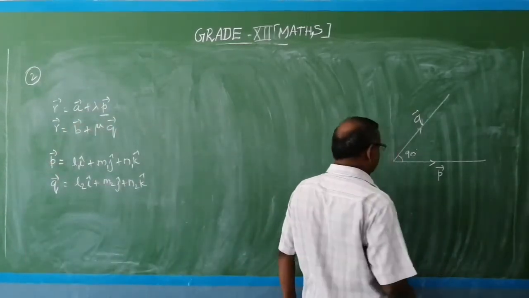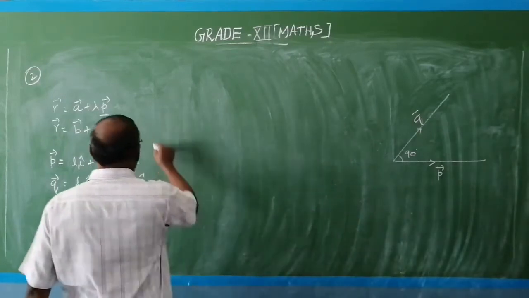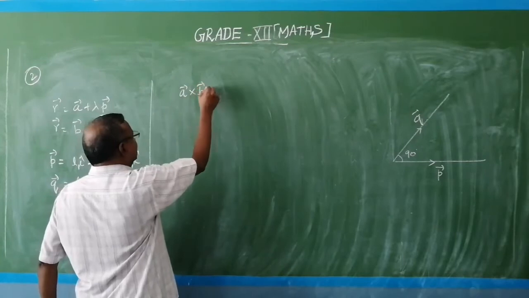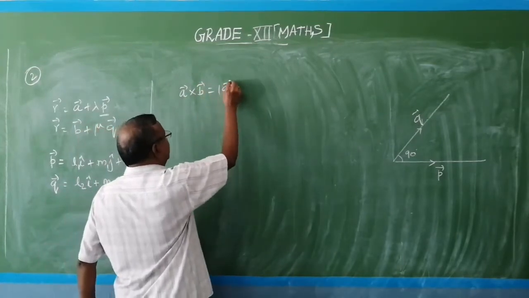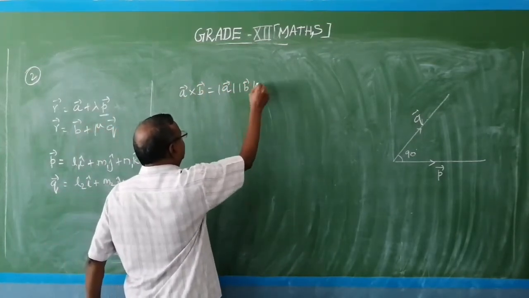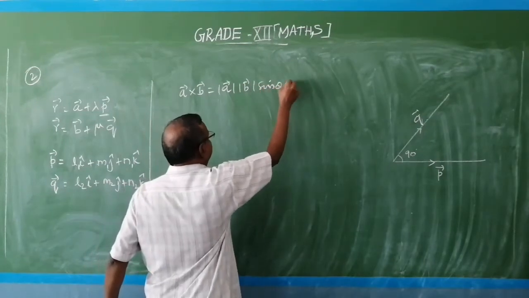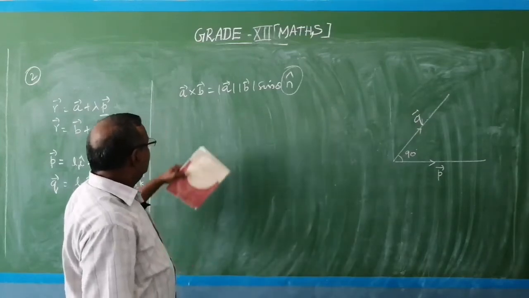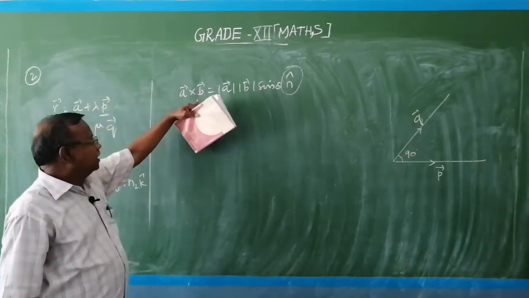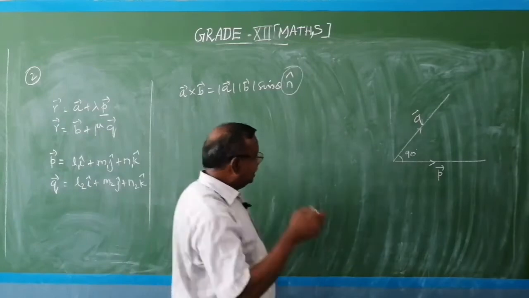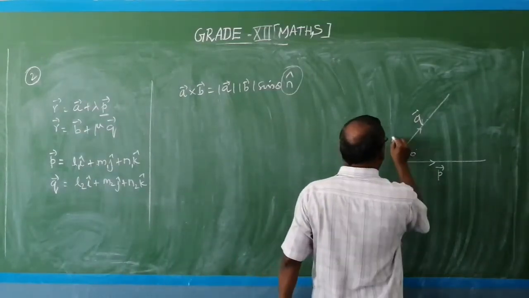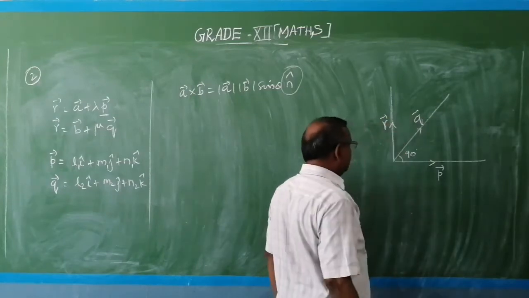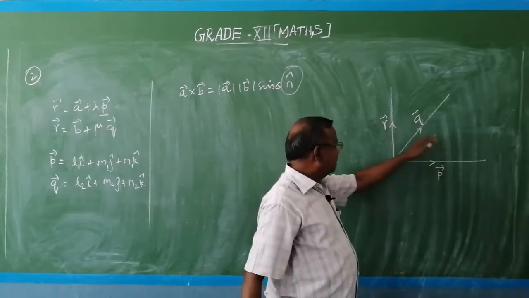Now we have known about the cross product. Generally, a vector cross b vector equals modulus of a into modulus of b into sin theta into n cap, where n cap is a unit vector perpendicular to the plane containing both a vector and b vector. Similarly, let r vector be the vector perpendicular to the plane containing both p vector and q vector.